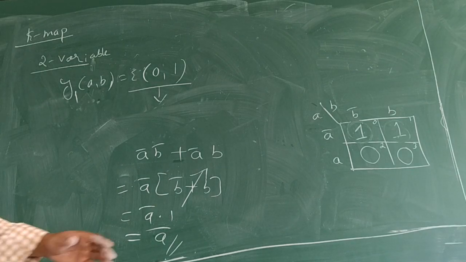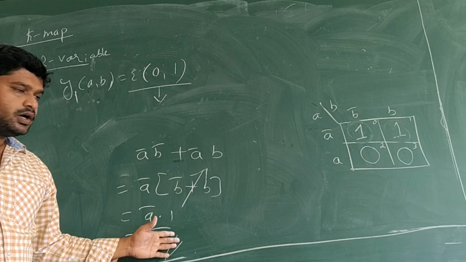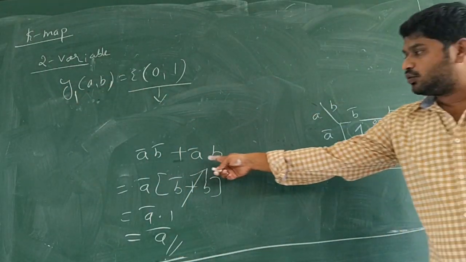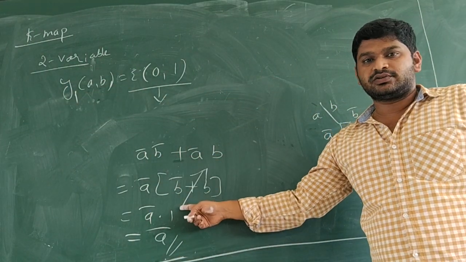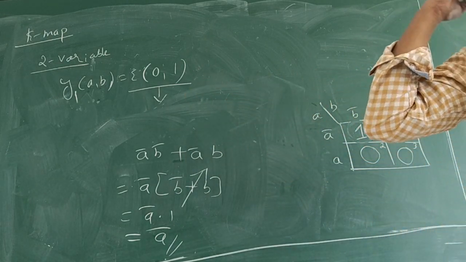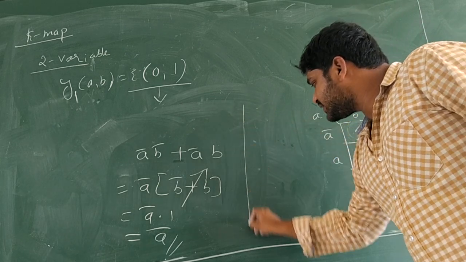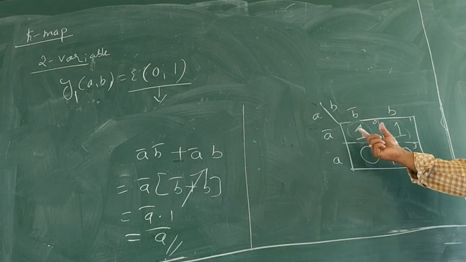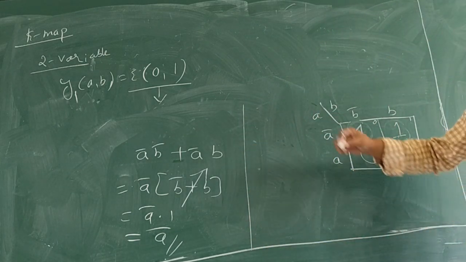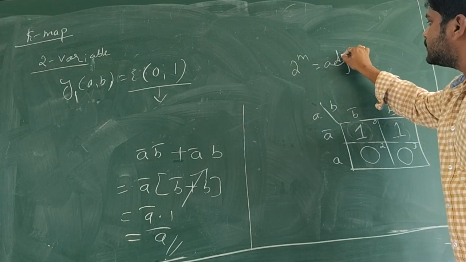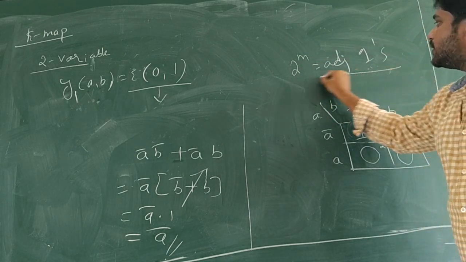See, this is a manual method. Okay. Now we have to think how it is possible in K-map without doing Boolean rules. What is the purpose of K-map? Without using Boolean rules, we have to simplify. Okay. So let's write. Find out 2 raised to m adjacent ones.